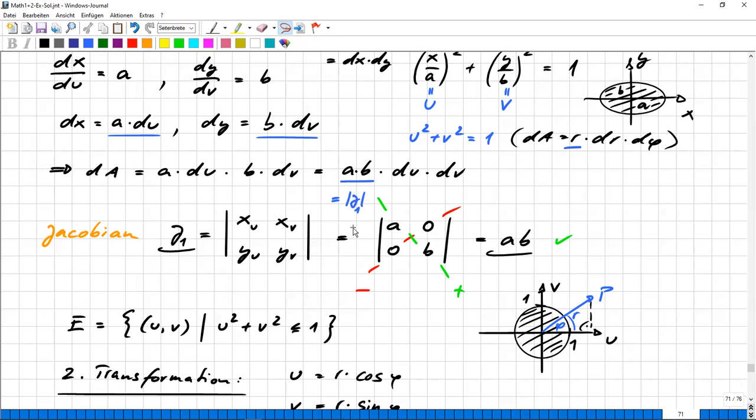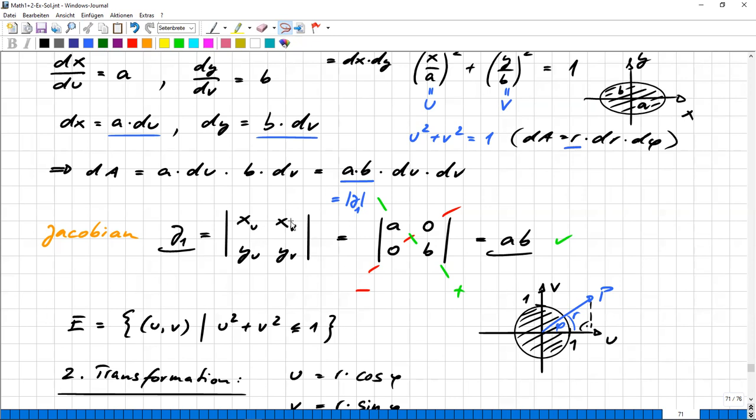Okay, and I guess you know how to set up the Jacobian. You just take your old variable number 1, and then you place the partial derivative with respect to the first of the new variables here.